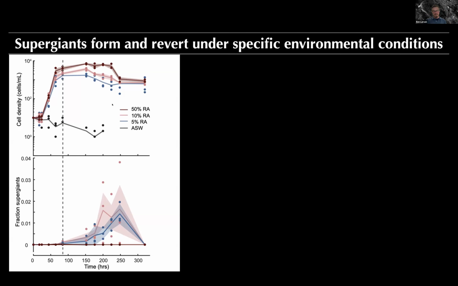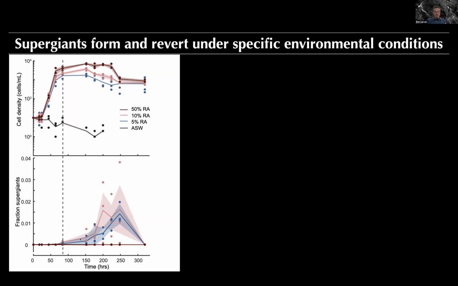There was a sweet spot in media where if I gave the cells enriched media, high nutrient concentration media, I'd still see this logistic-like growth of the population, but no appearance of supergiants. And maybe unsurprisingly, if I give them just artificial seawater, dilute media, I don't see the emergence of these supergiants.